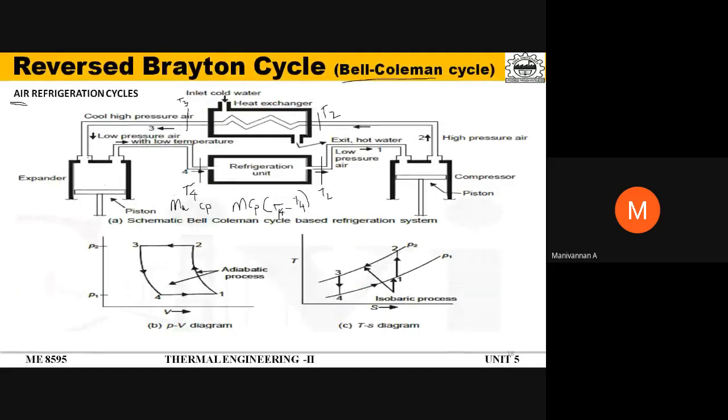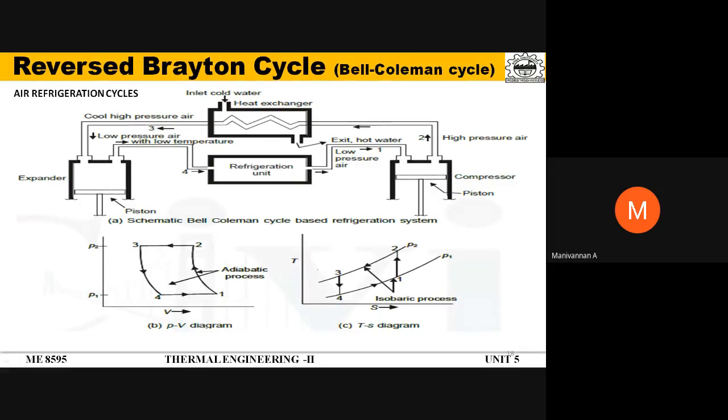So if you consider my cycle is an actual reversed Brayton cycle, the two processes that you have taken as ideal processes, what are they? One is 1 to 2, an isentropic compression process that you assume where there is no friction, nothing, no heat loss.